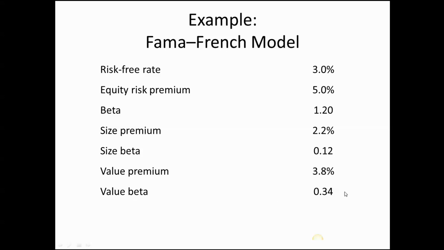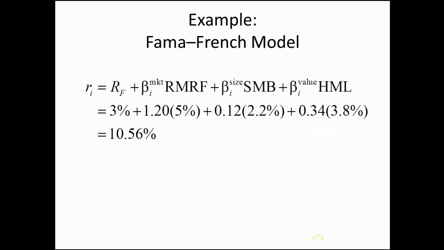Again, this is the sensitivity of the firm to that value premium and that value risk. Okay. So our calculation is pretty straightforward. After we calculate the correlation coefficients, we can then multiply them by the risk premiums, 5%, 2.2%, and 3.8%, to get the required rate of return for the firm using the Fama French three-factor model.